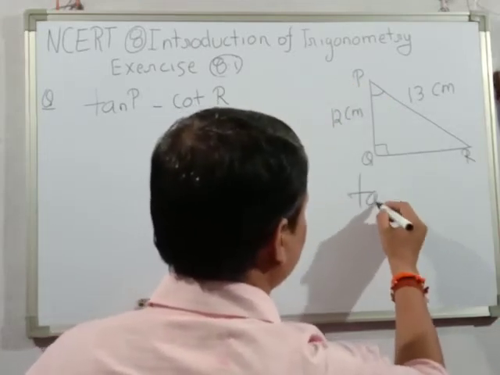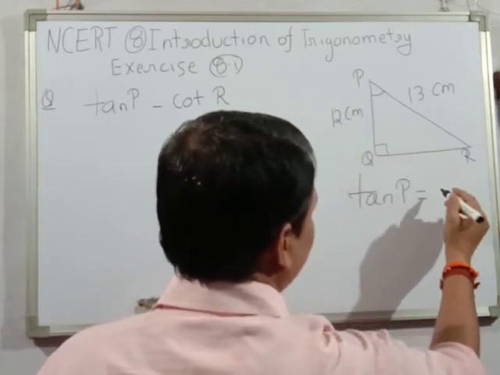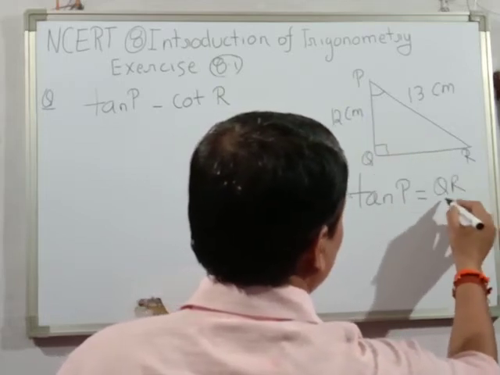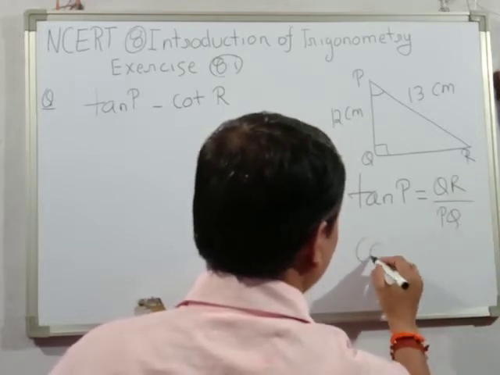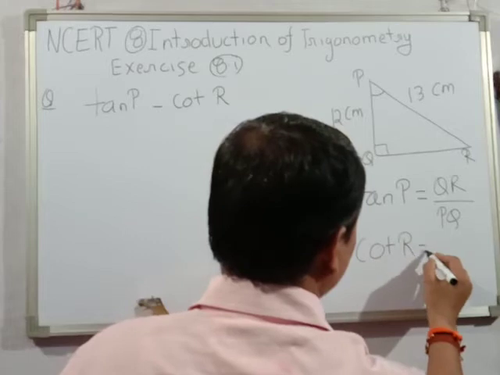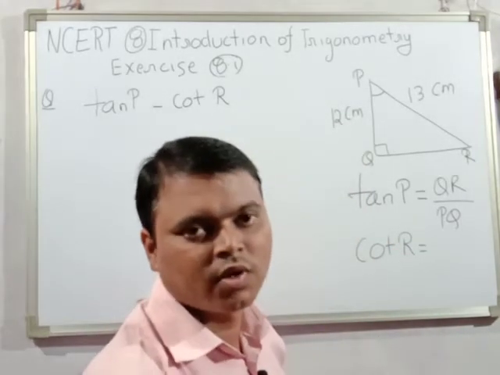So tan P is QR upon PQ, and cot R is the reciprocal of tan.